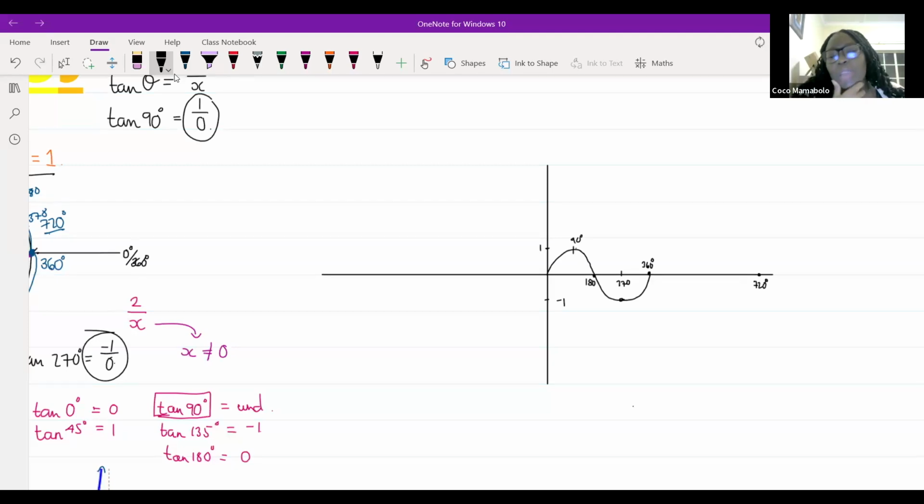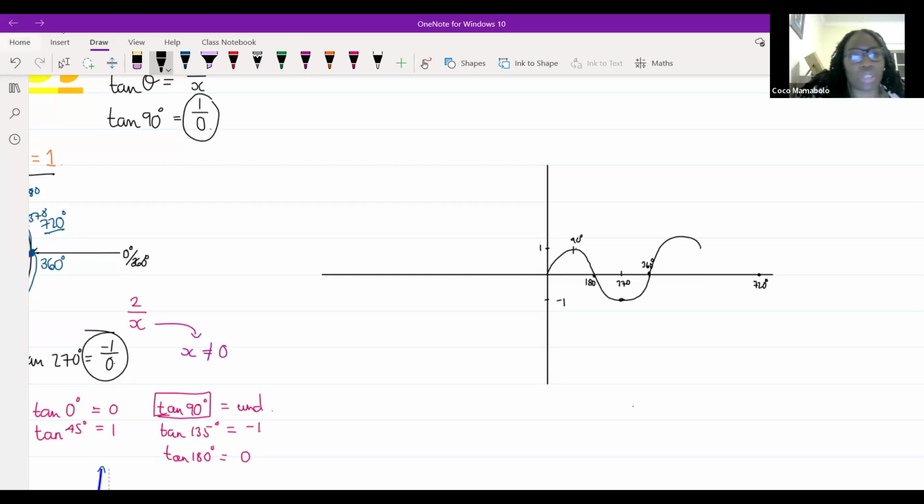Would the shape of my graph from 360 to 720 change in any way? No, it wouldn't. It would be the exact same graph because I went around this exact same circle just 2 times. I went around the same circle twice.